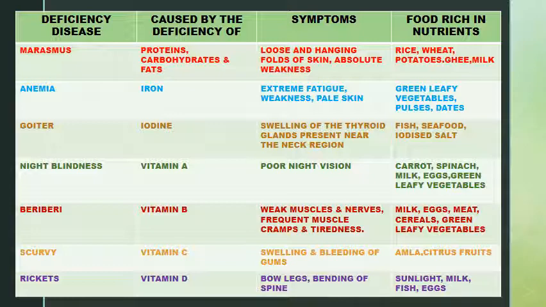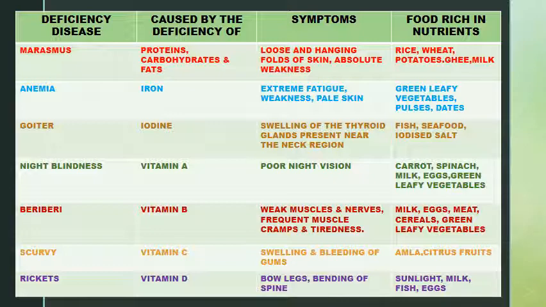Now the next disease is scurvy. Lack of vitamin C in the body leads to a disease known as scurvy. Main symptoms of the disease are swelling and bleeding of gums. In order to prevent scurvy, we should eat citrus fruits. Now the next is rickets.